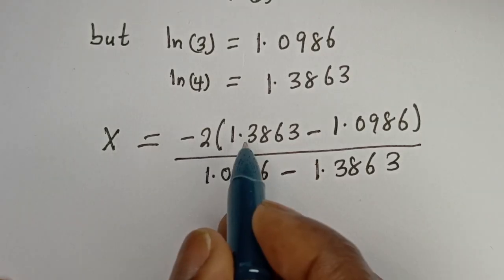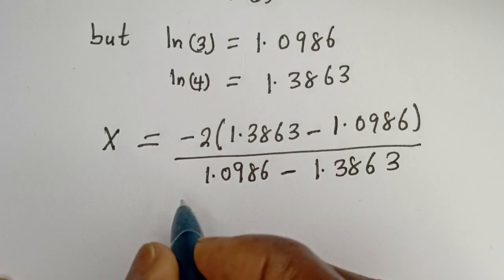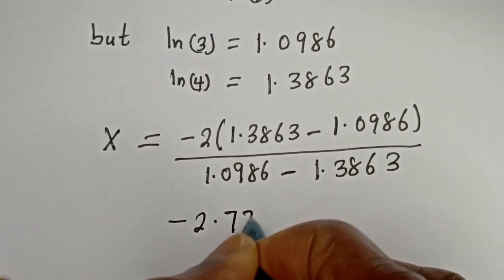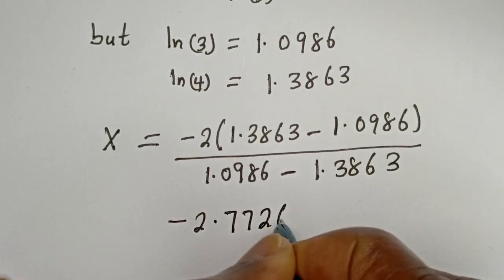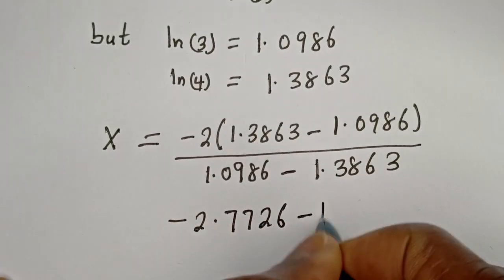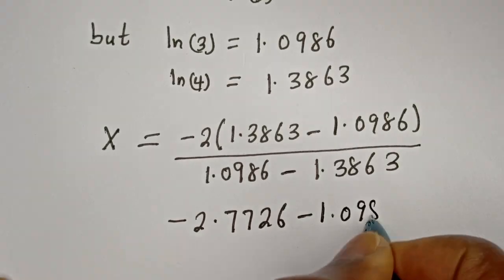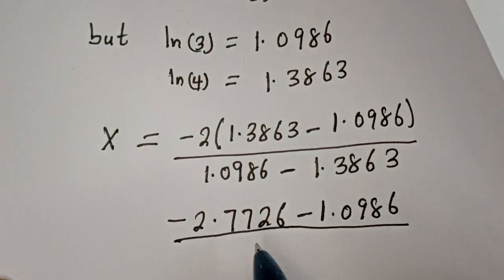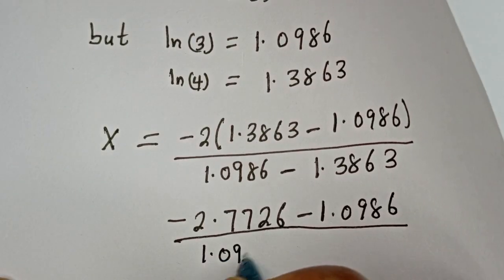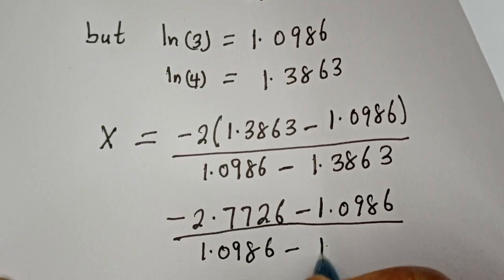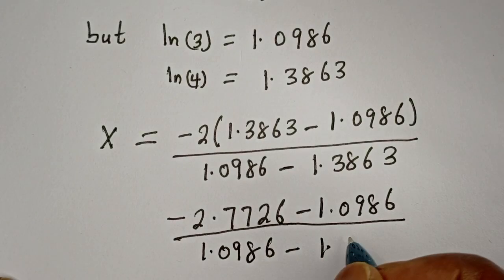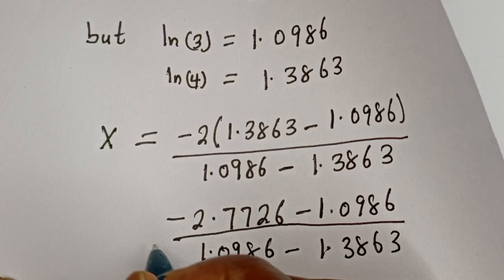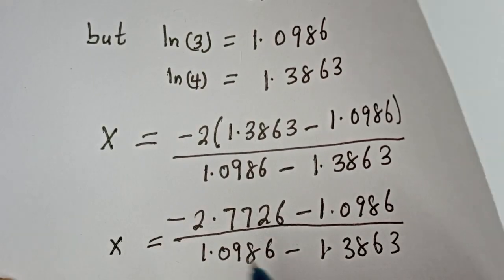2 minus 2 multiplied by 1.3863. Then we have minus 2.7726, then minus 1.0986 divided by 1.0986 minus 1.3863, and this is x.